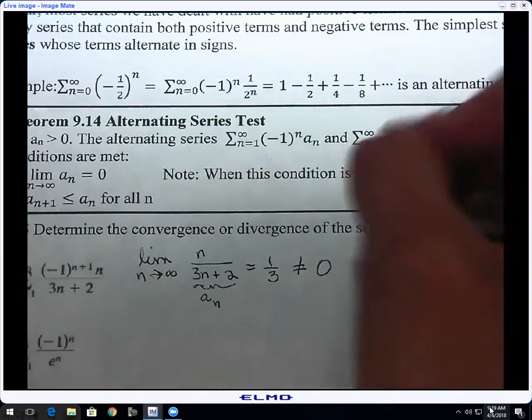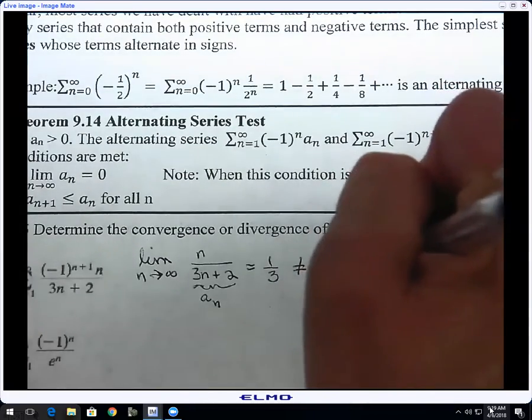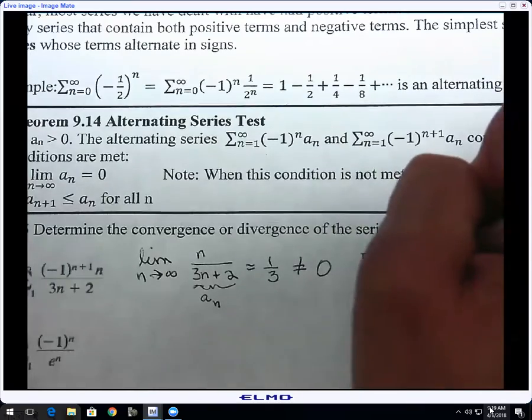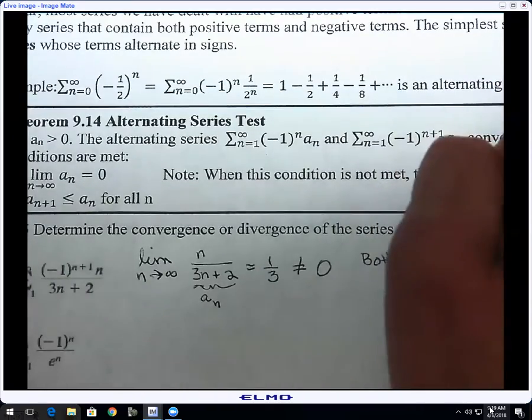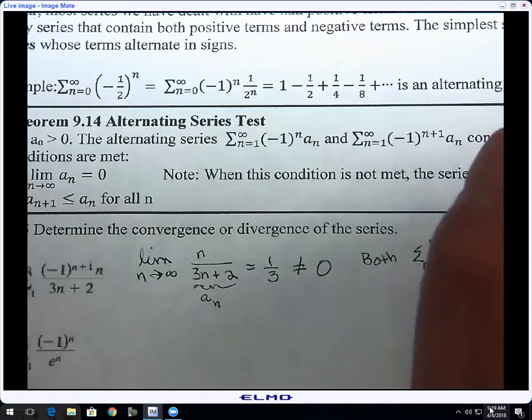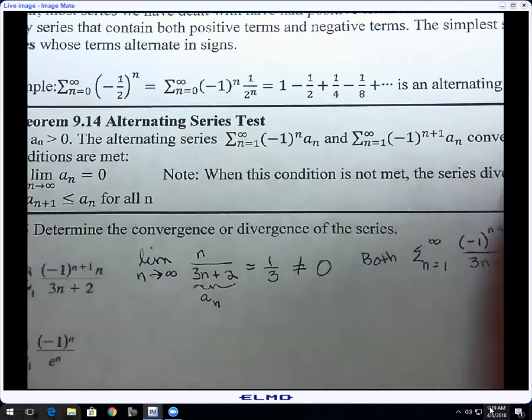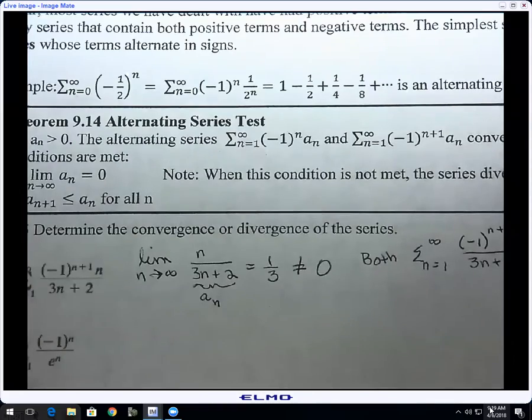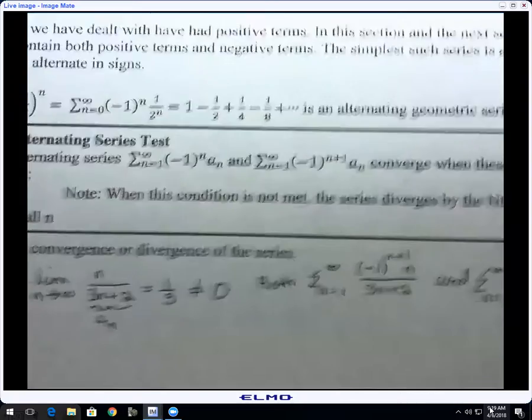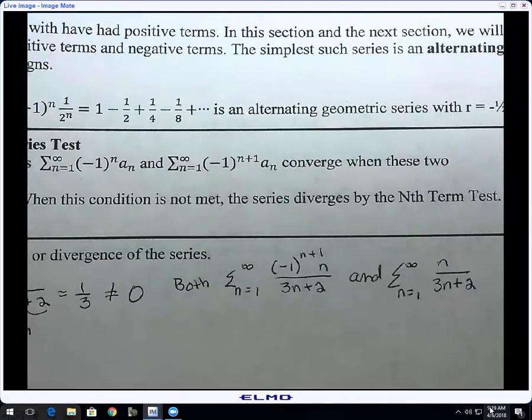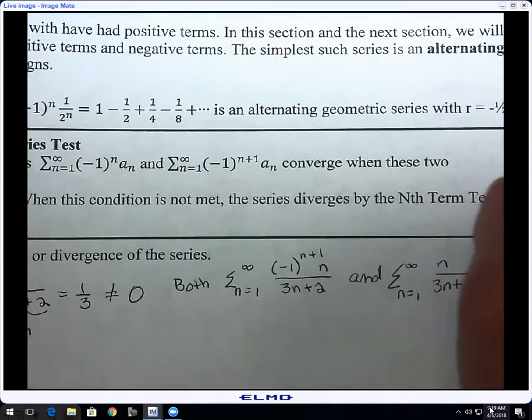So really we can say both this original series and this a sub n without the alternating part, what causes the alternating series, both of those diverge.